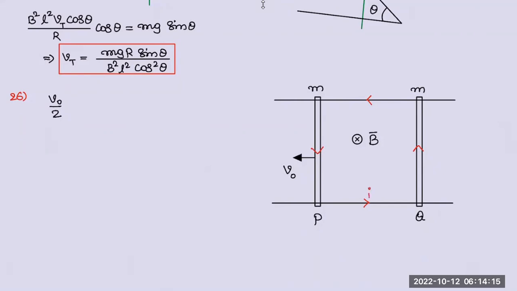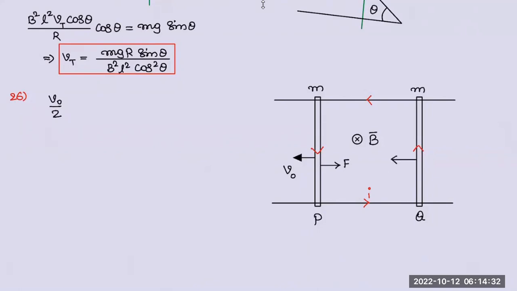Current is I. Because of the current, magnetic field, current, force will be backwards. And what is the force on this? Magnetic field, current, force. Can you see that? Opposite direction.